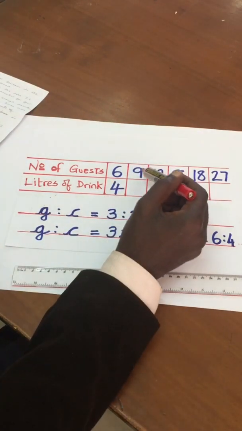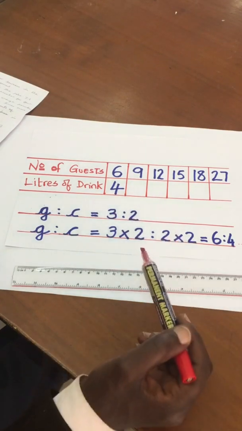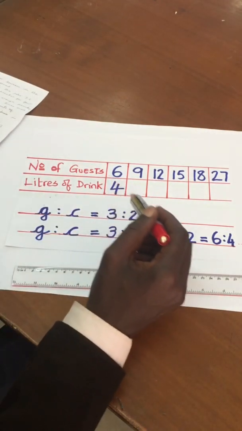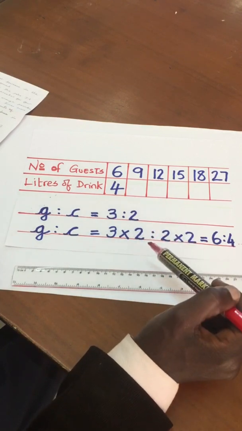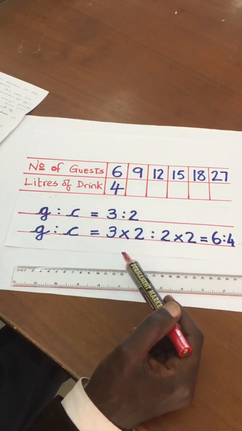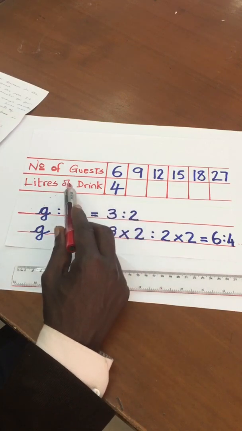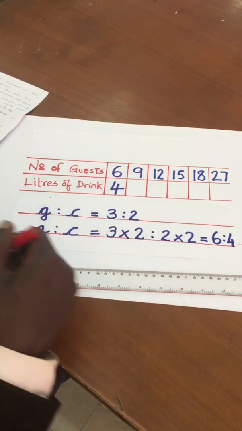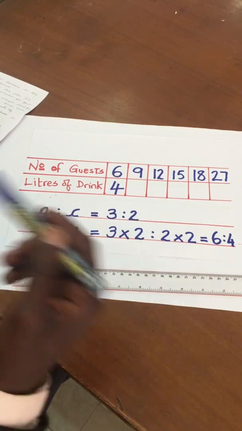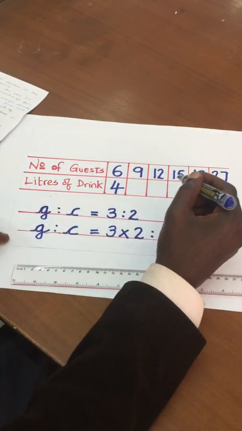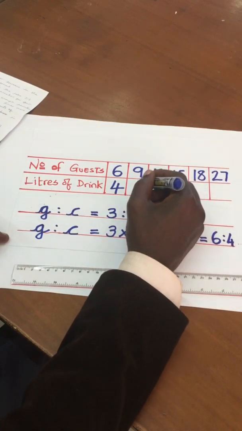If we divide 9 by 3, it will give us 3. So we use the same number 3 to multiply by 2. Therefore, if you multiply 2, the ratio for liters of cold drink, by 3 rather, on the other column here, then we are going to have 6.